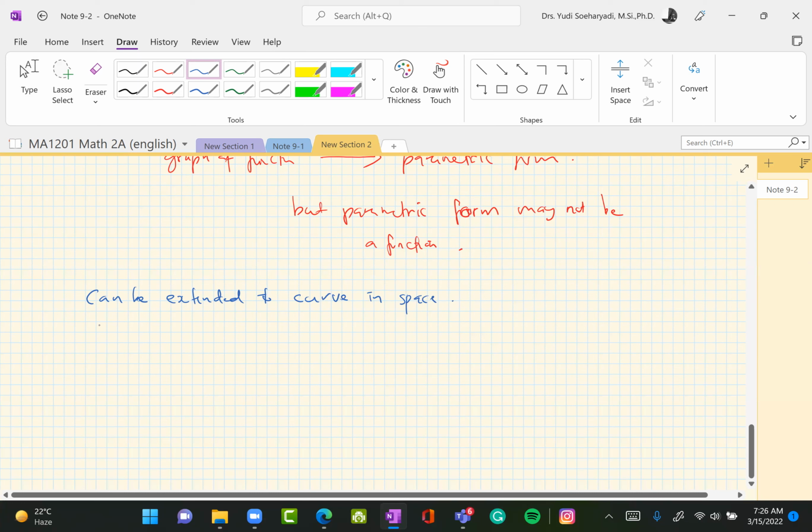Okay, so for example, this one, curve gamma is, say this is cosine t. Again, this is our favorite example, sine t. But then you have z. Okay, we say this is t square. So t from 1 to 2 pi.